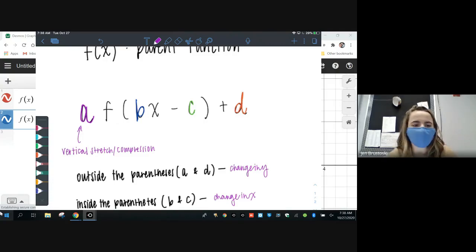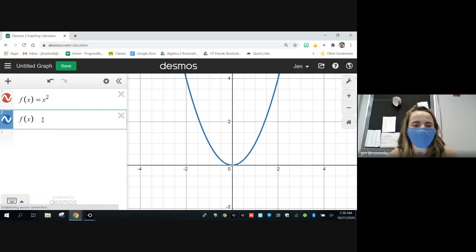Okay, let's mess around with our b value. We're not going to do a ton with our b value, but if I make that b value negative, what happens to the graph? Oh, that did nothing.